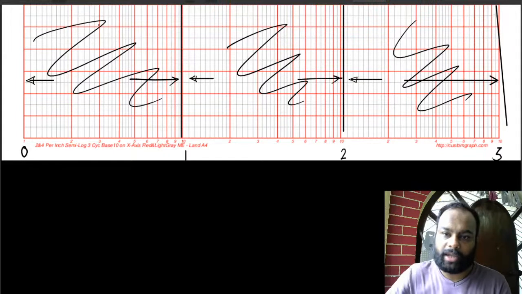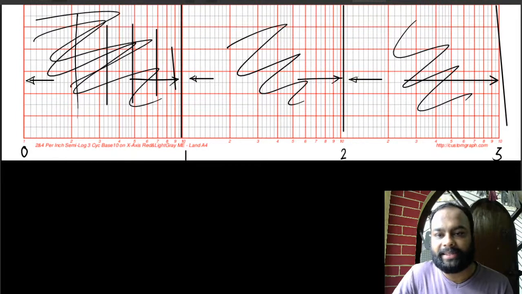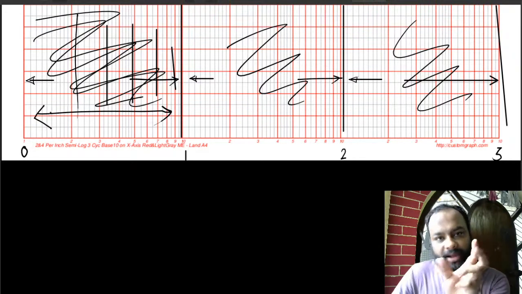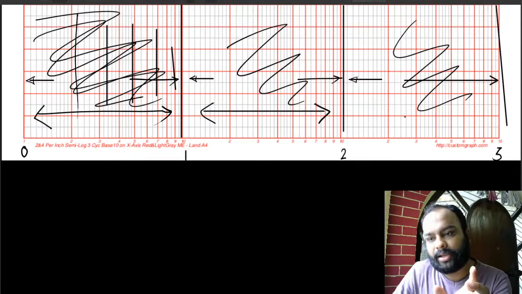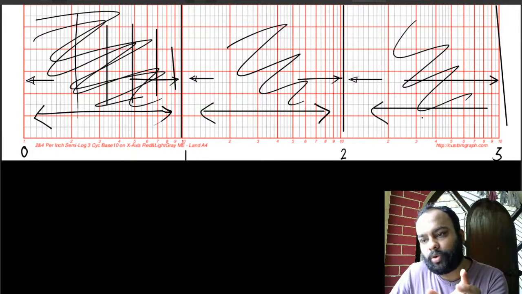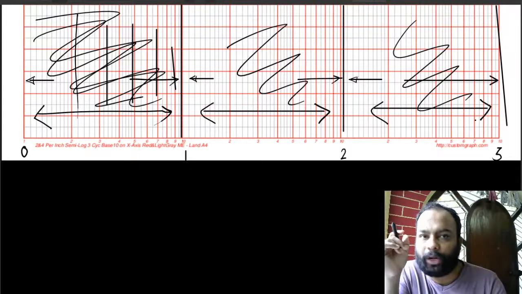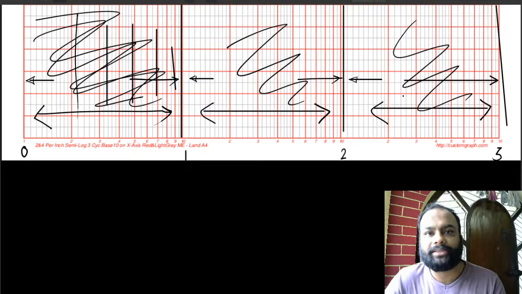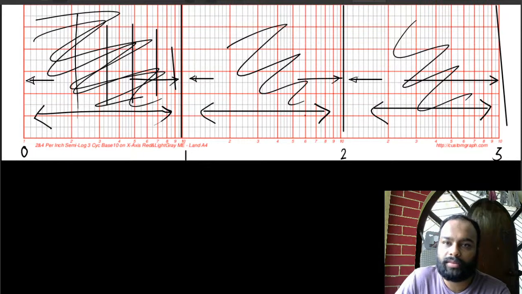If you forget all these intermediate lines, and I consider this width to be 1, then this width is also 1, and this width is also 1. These widths are identical, right? Try to see that at least.